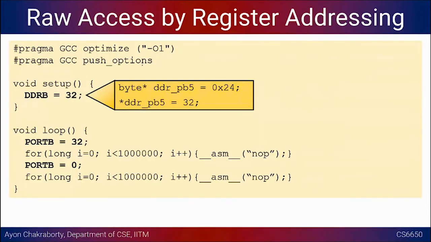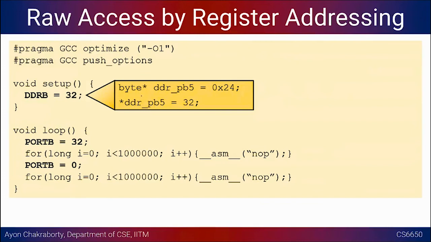So one quick way to replace this DDRB, if you want to really get rid of these macros and really understand what is going on, because DDRB is not defined here, it will be defined in some other header files, which will take care of the pin to port mappings. If you don't want to depend on that and want to write this code directly dependent on the addresses, in the manual sheet, you already know what addresses you want to manipulate, right?